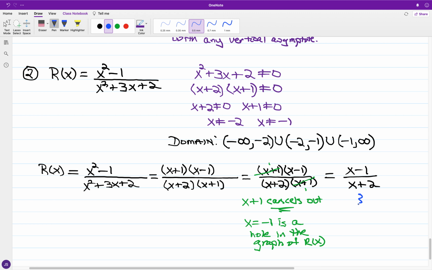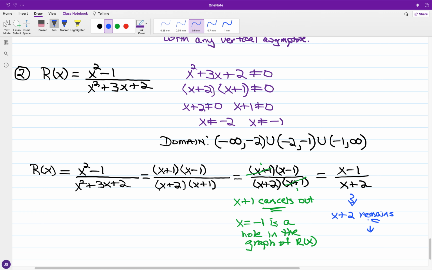And as for what we have in the completely simplified form of r of x, it turns out that x plus 2 remains. And since x plus 2 remains, it follows that the vertical asymptote is going to be x is equal to negative 2.